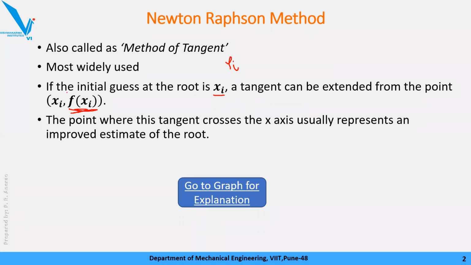So you calculate this, you will get a point on the function, then draw a tangent from that point to the curve. In the next task, wherever the tangent hits the x-axis, where it intersects the x-axis, that intersection point may be your root, or it may be the guess or value for the second iteration.